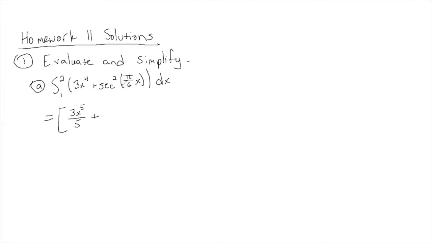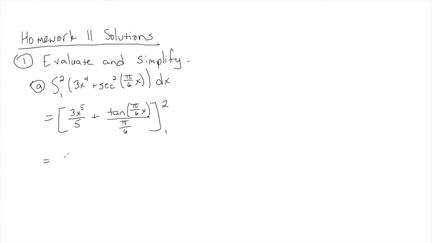And then secant squared of pi over 6x becomes tangent of pi over 6x divided by pi over 6. And that whole thing is evaluated on the interval 1 to 2. Now I plug 2 into the whole thing, whereas if I'd split it up, I would plug 2 into just the first part, then the second part. Doesn't matter.